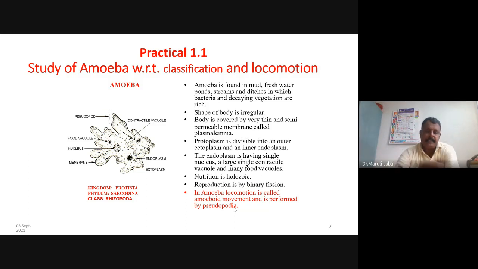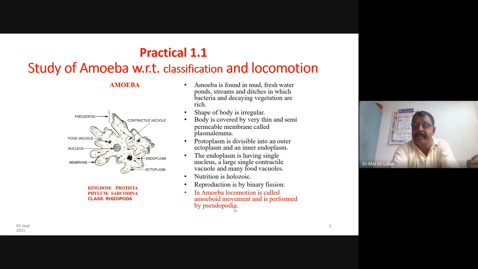First animal is Amoeba. Amoeba is found in mud, freshwater ponds, streams, and ditches in which bacteria and decaying vegetation are very rich. The shape is very irregular. The body is covered by a very thin and semi-permeable membrane called plasma lemma. Protoplasm is divisible into an outer ectoplasm and inner endoplasm.